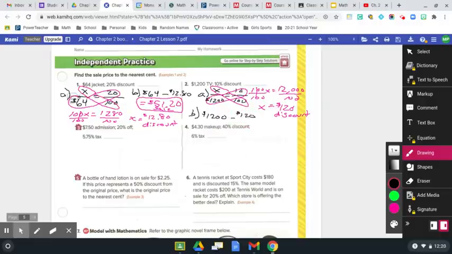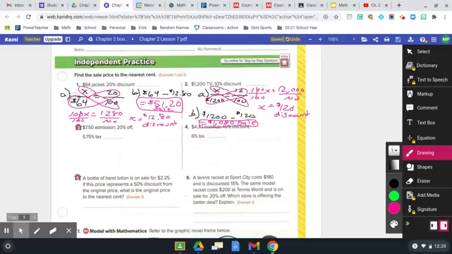And so if you do that, your sale price on that TV should be $1,080 sale. That's your final. That's what you're looking to find. $1,080 is your sale price on that TV.